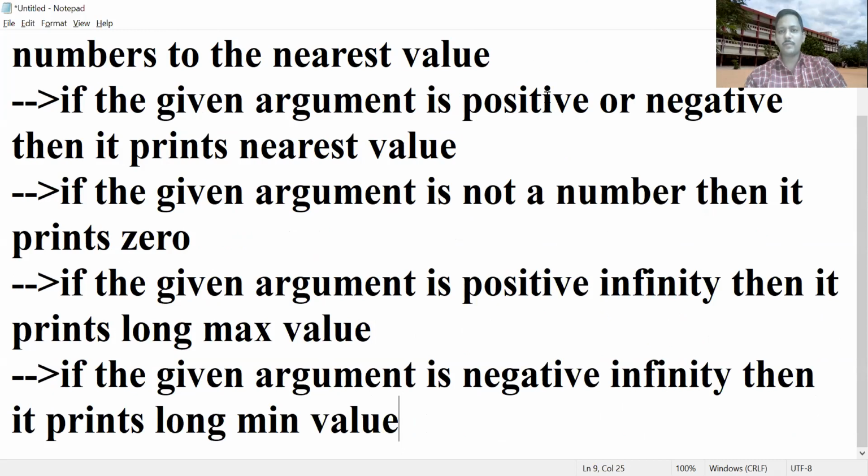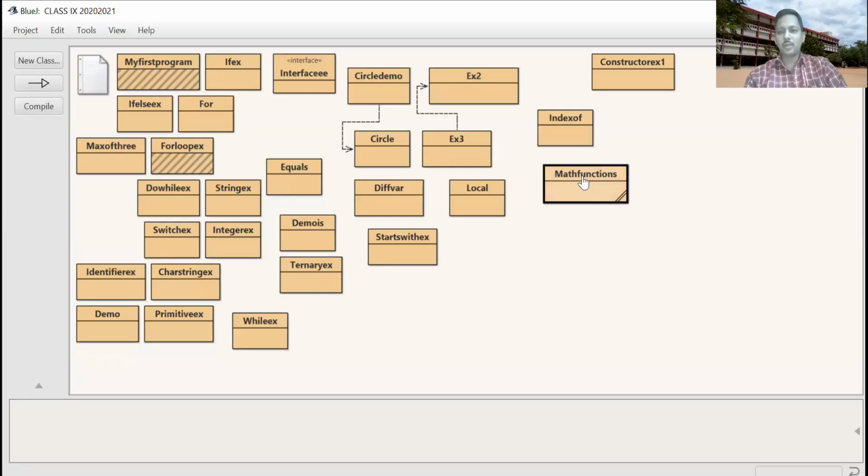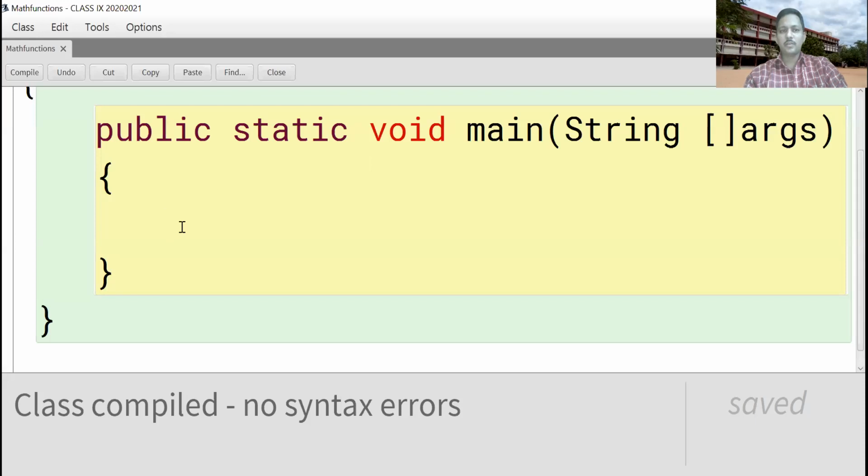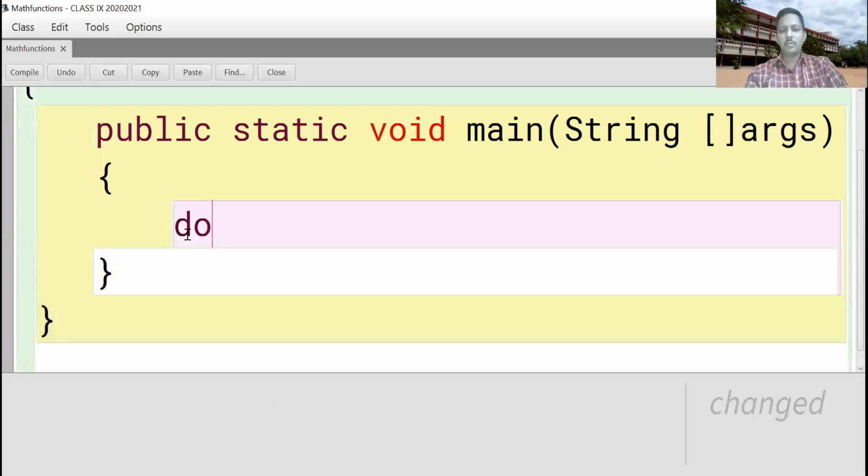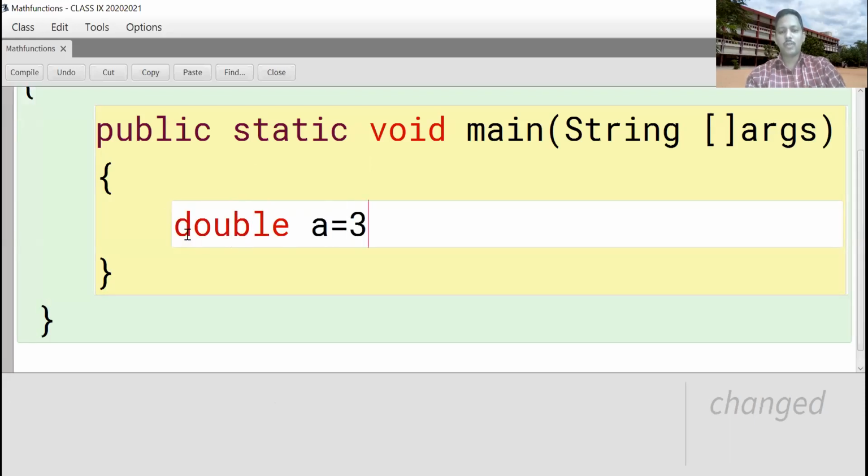Open your BlueJ. I am executing in mathematical functions class. You have to take every time new class. So here double a, positive or negative 3.46 for example.